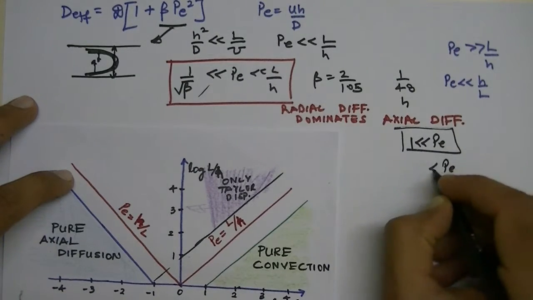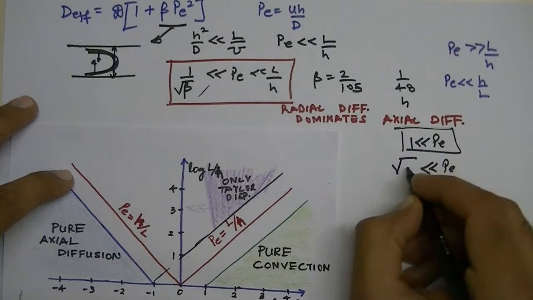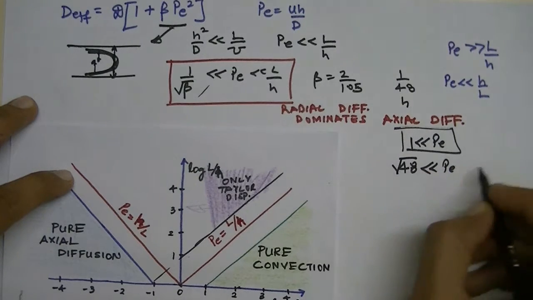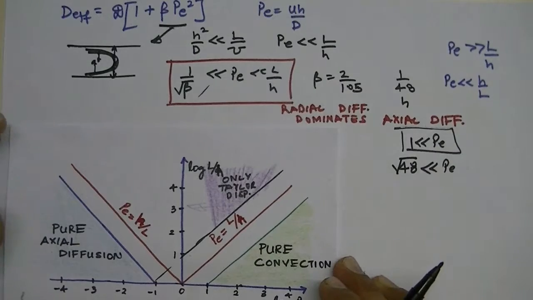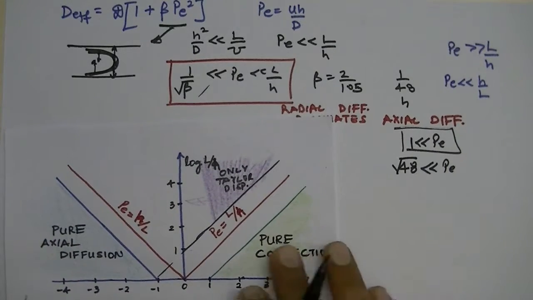So our revised regime starts at Peclet number which is significantly greater than square root of 48 for a circular capillary.